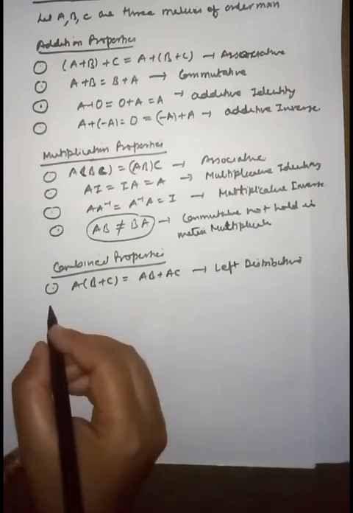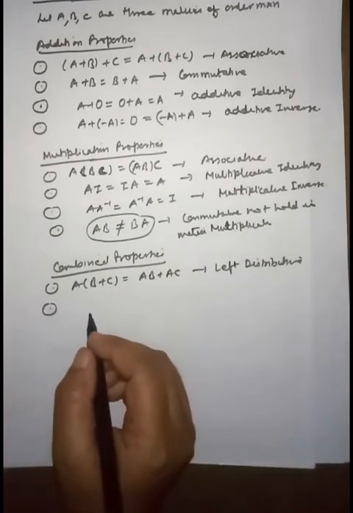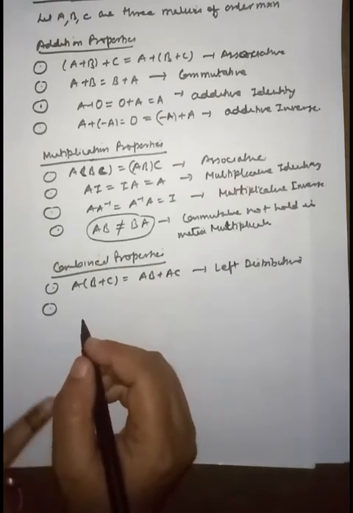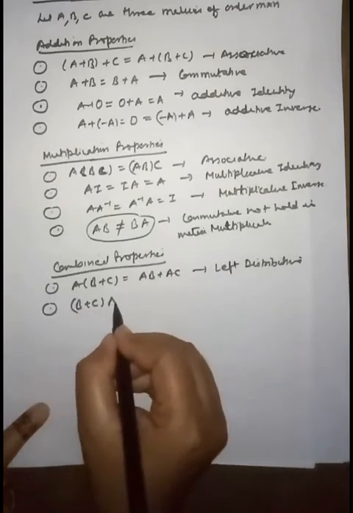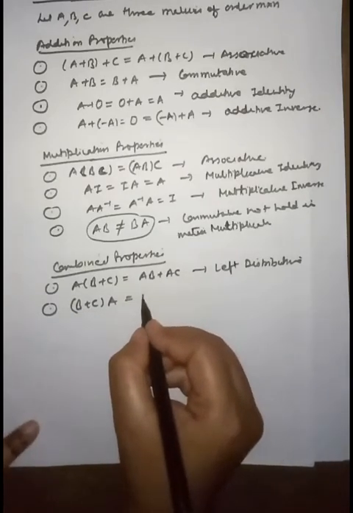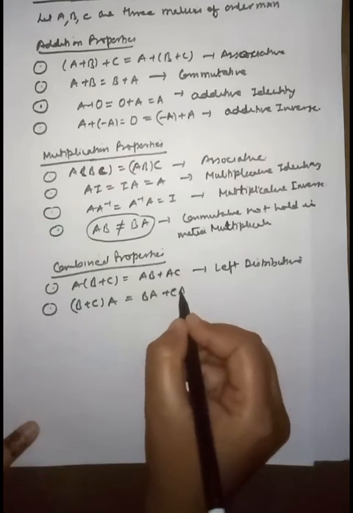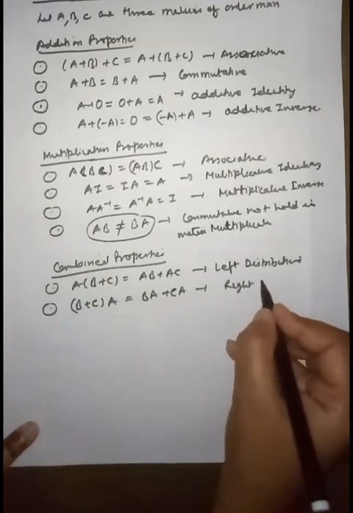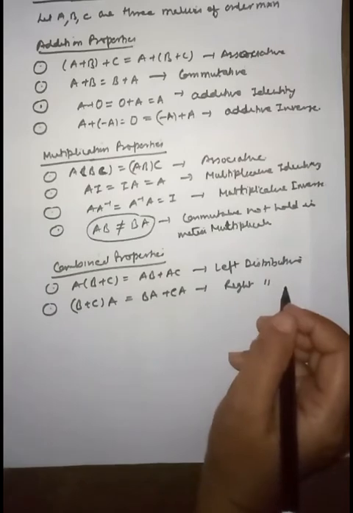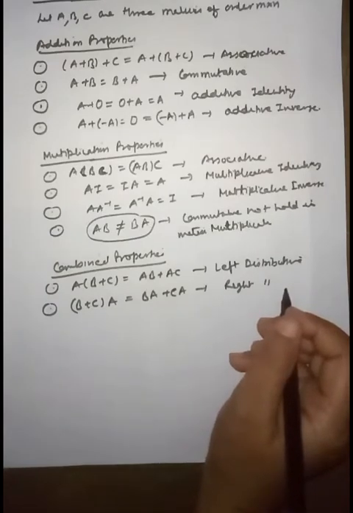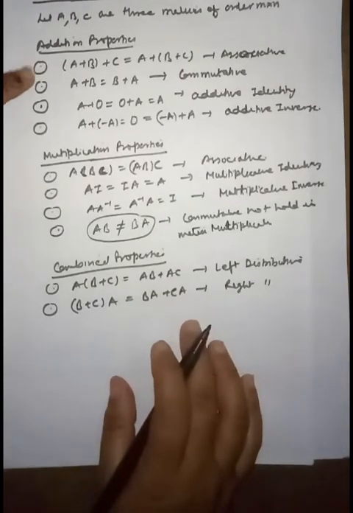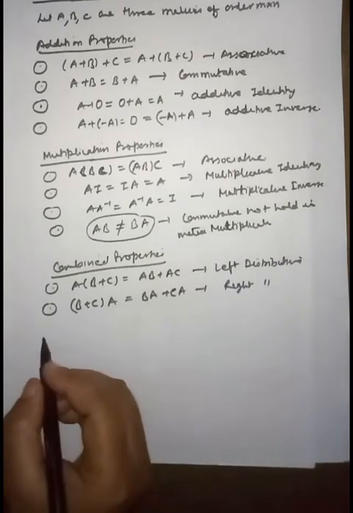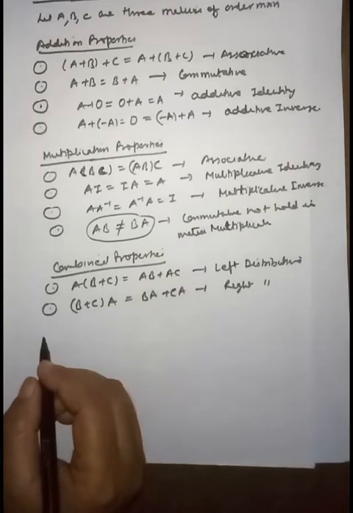And if we take (B plus C)A equals BA plus CA, this is called right distributive property. Right, friend? So these are the properties for addition, multiplication and combined properties. Now next move on to scalar multiplication properties.